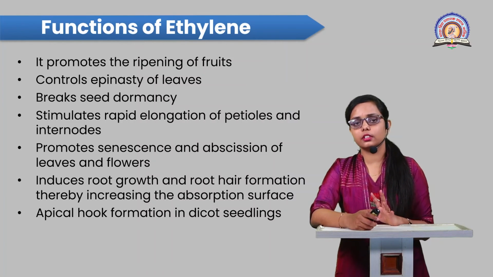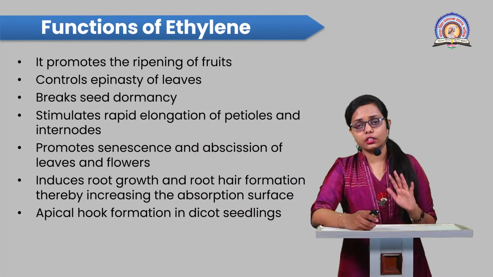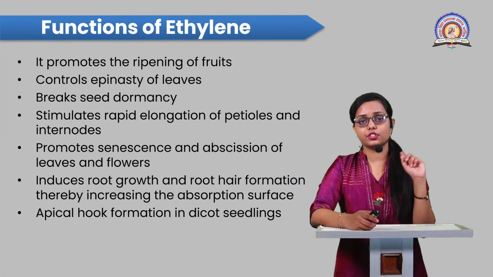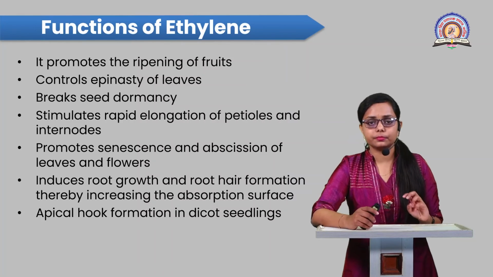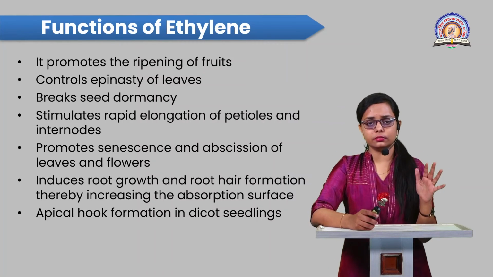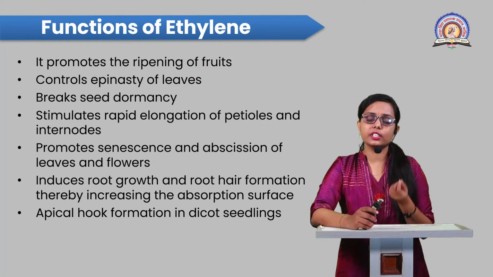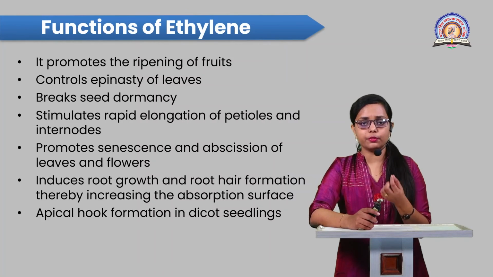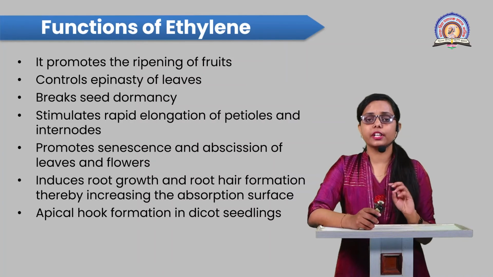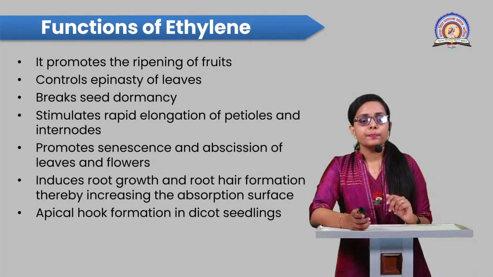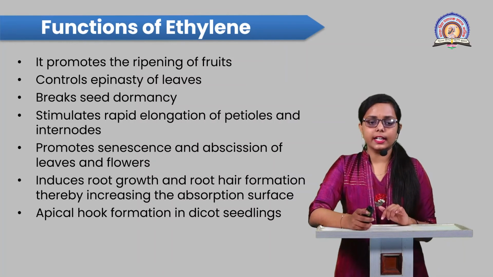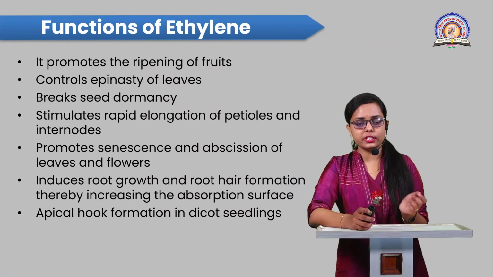In drought condition, abscisic acid, the stress hormone, would increase the root in size. The tip will elongate the root, but it will stop root hair formation. But ethylene induces both root in height also.